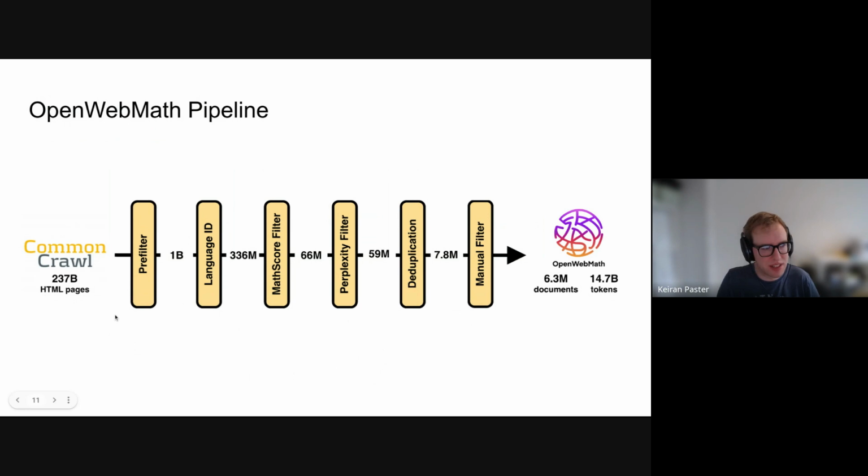This includes stages like pre-filtering, language identification, different quality filters, which I'll describe in more detail, a de-duplication stage, and then some manual filtering to get to this final data set. In this talk, I'll go through each of these in more detail, why we created them, and how we arrived at this pipeline.